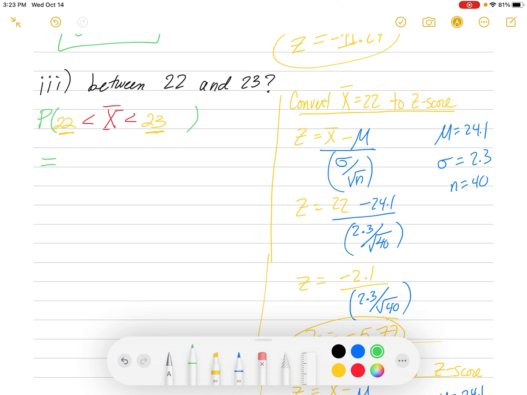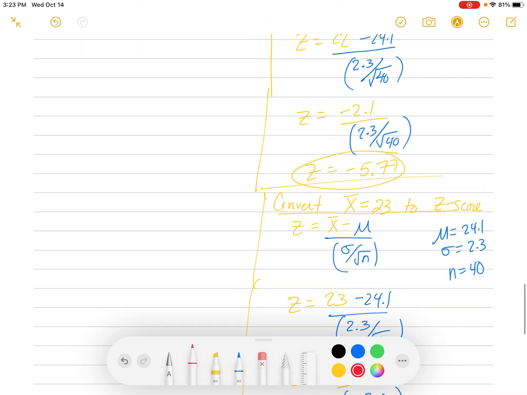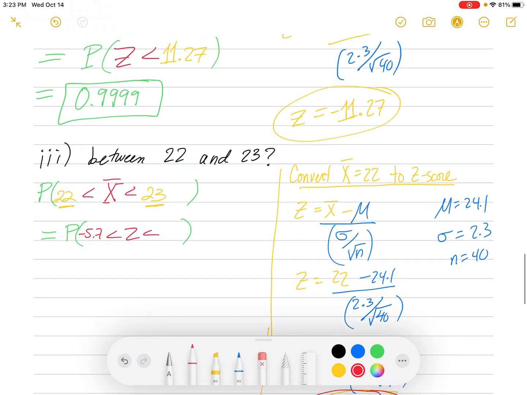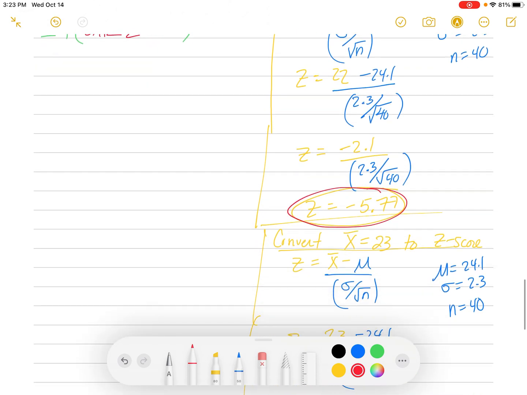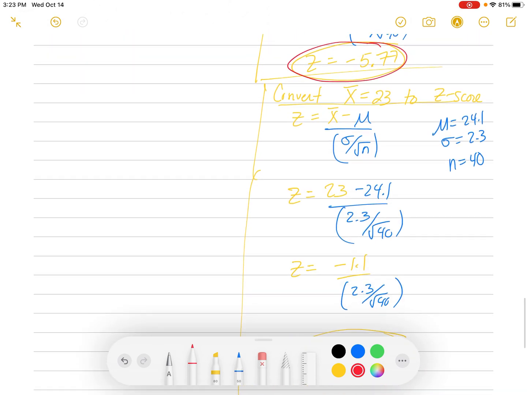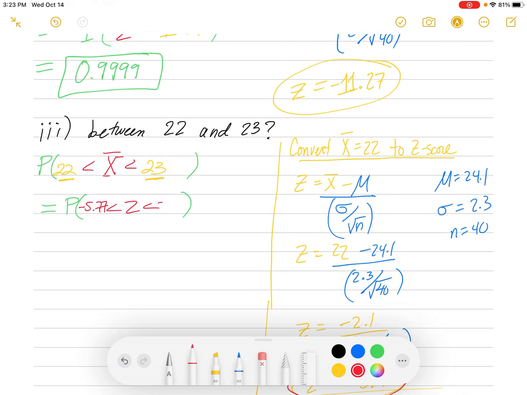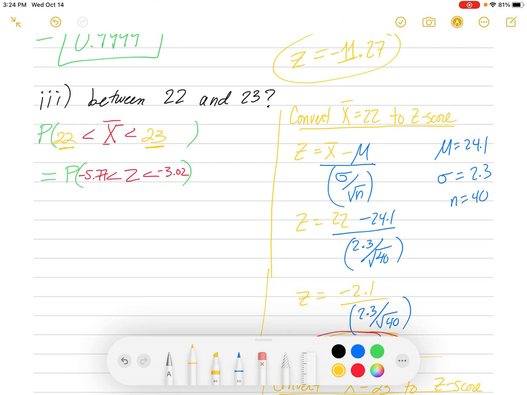So if I go back, my probability is going to be the same as the probability of getting a random z-score between, so for 22, what did we get for a z-score? For 22, we got a z-score of negative 5.77. And for 23, we got a z-score of negative 3.02. So how do you find the probability here?